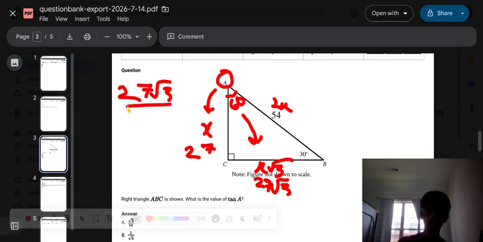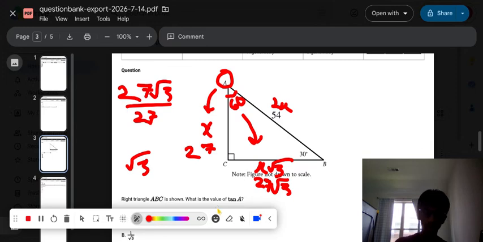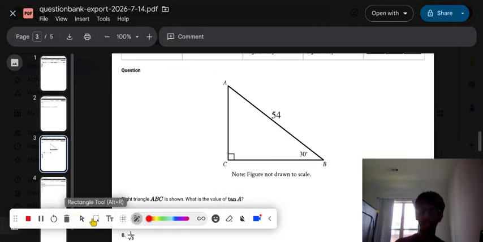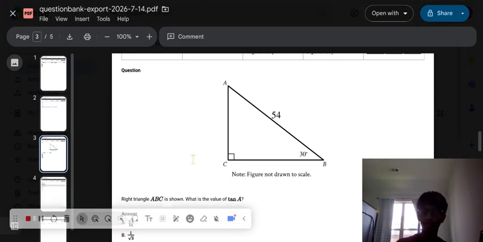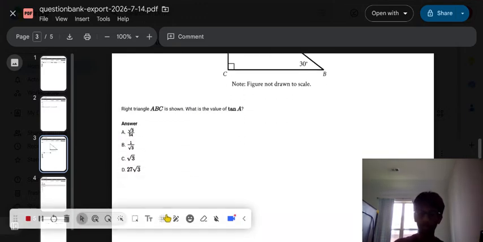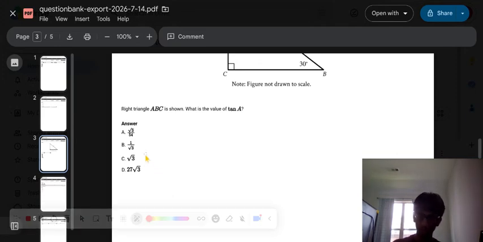So 27 square root 3 divided by 27 is equal to square root 3. And that would be our answer. So let's see if that is an option choice. There, and indeed it is. So it would be option choice C.